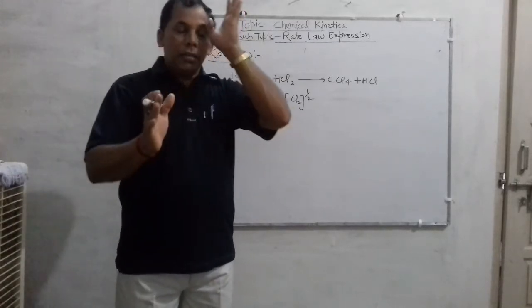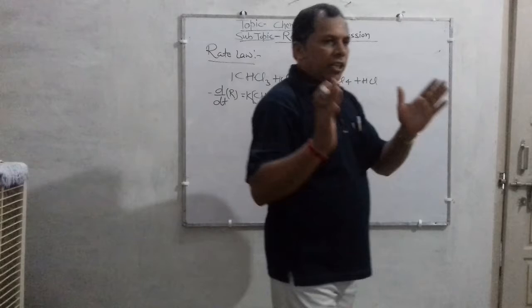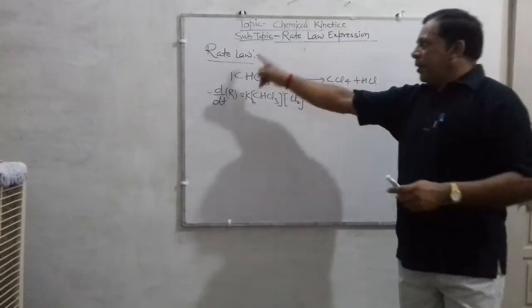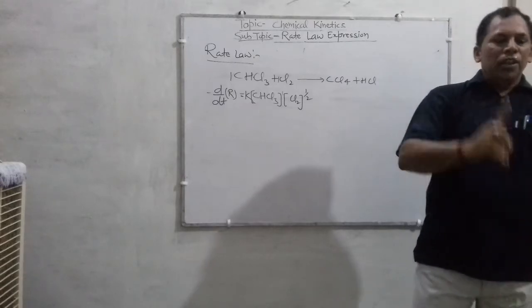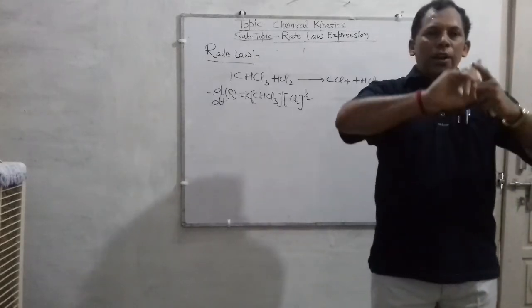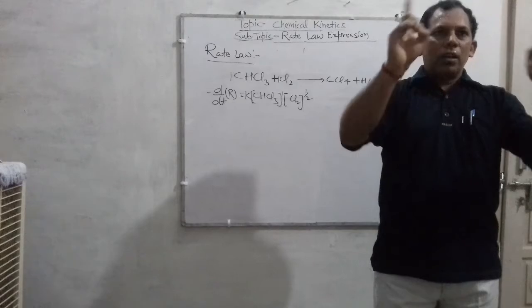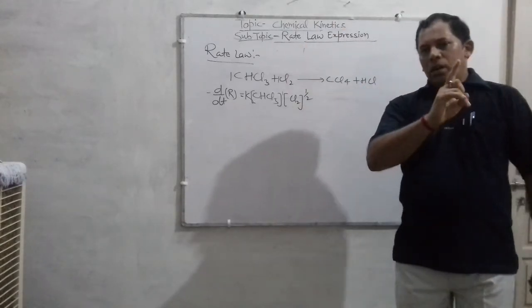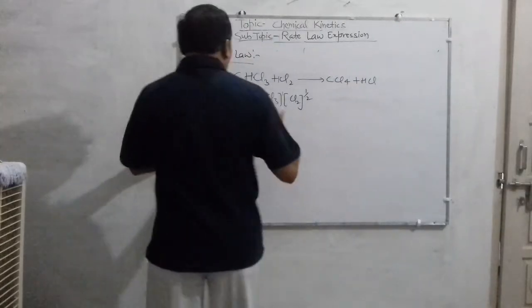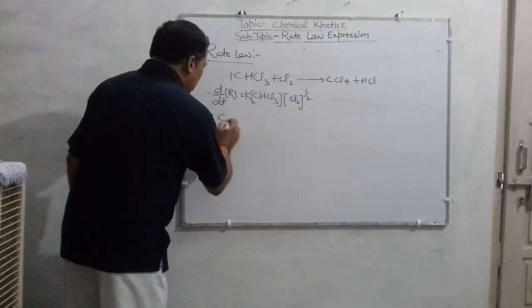This is the main difference. You can conclude, children, that the rate law can be derived or determined only experimentally, not theoretically, or not merely by looking at a balanced equation. Alright? One more equation I am writing.